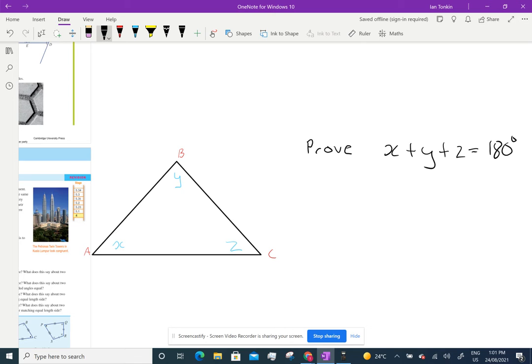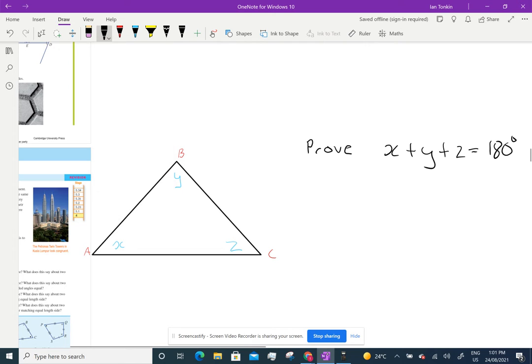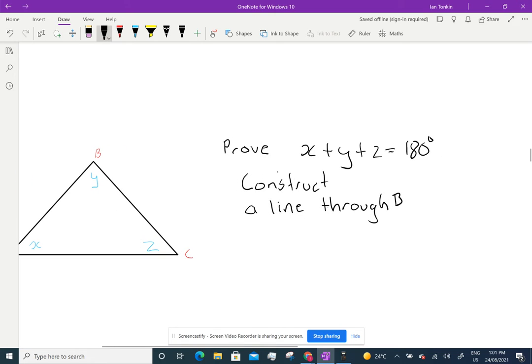Okay, so the first thing I'm going to do is construct. Whenever you're going to do anything, you must write what you're doing. So I'm going to write down here: construct a line through B parallel to AC.